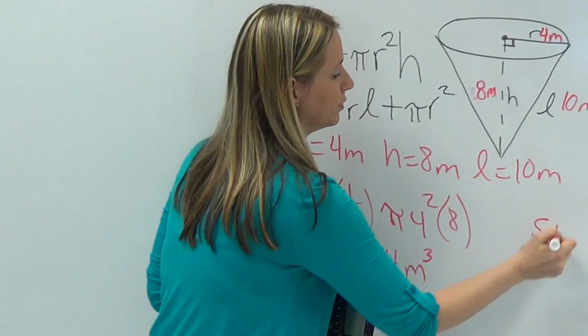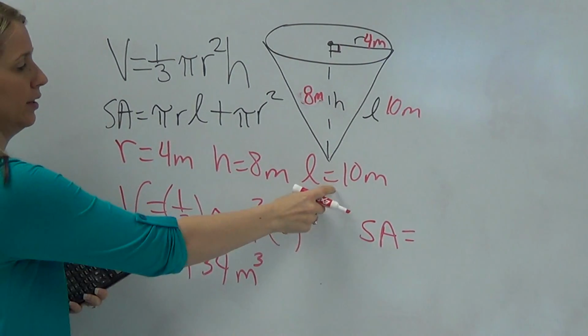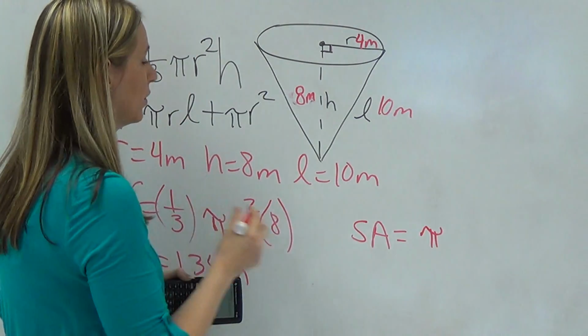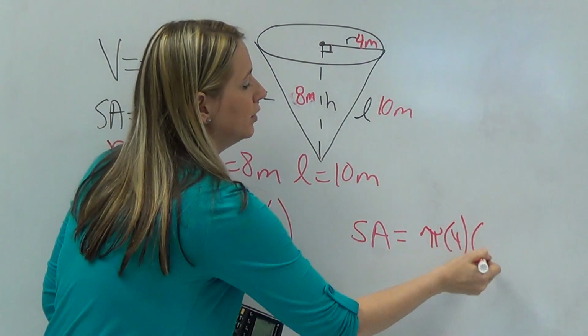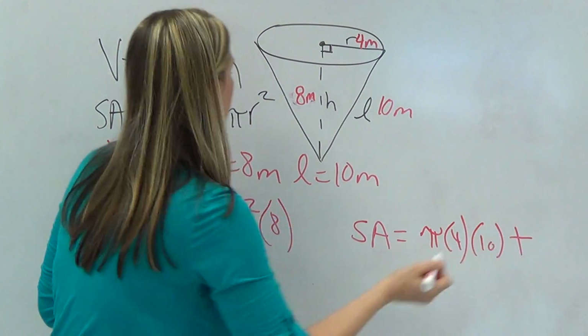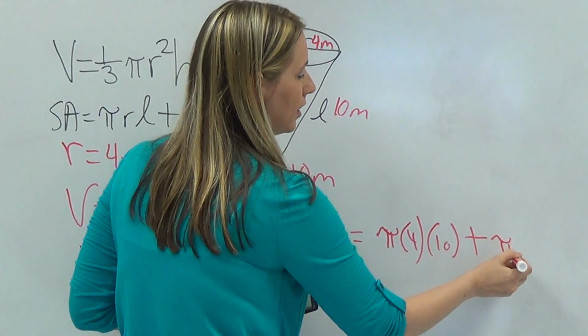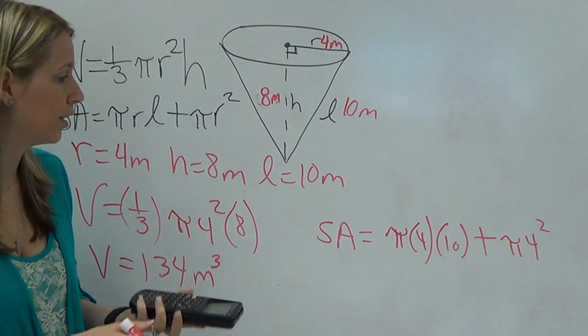So then we can do surface area. We still need to know the radius and the slant height, so we just follow the formula. Pi times the radius, which is 4, times the slant height, which is 10, plus your pi times the radius squared. So pi times 4 squared. And again, you can just plug all that in the calculator.